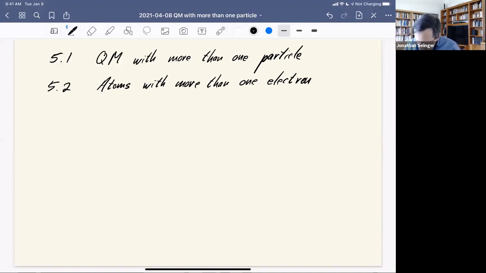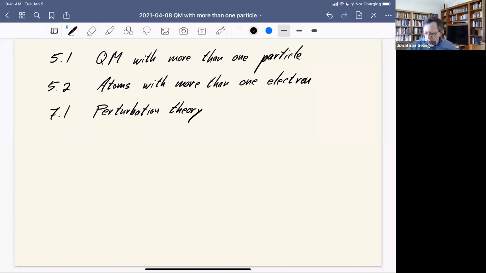And then I also want to show you 7.1, which is about perturbation theory. And that means a systematic way of making approximations. So for calculations that you can't do exactly, it's a way to make approximate calculations, with pencil and paper type techniques.